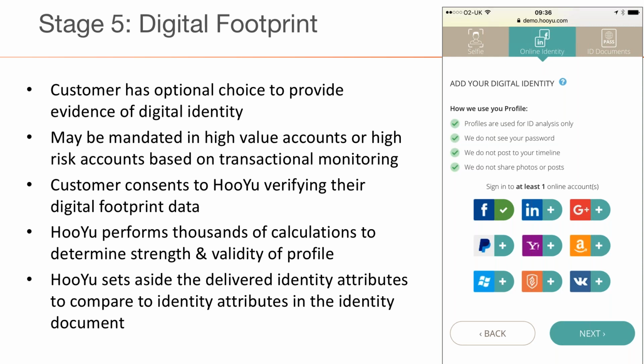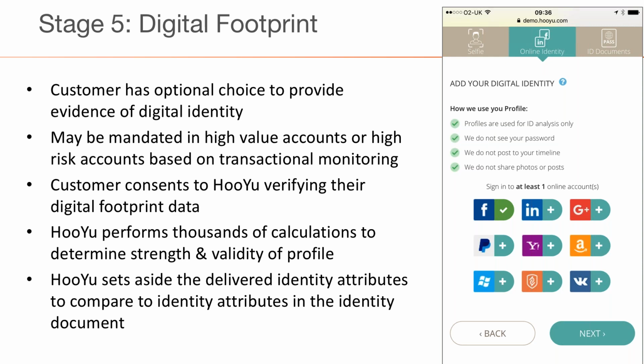The likes of PayPal or Google Plus or Amazon or whoever will pass back the profile data of that customer to HooYu when the customer gives their permission, and that data is used to prove that customer identity. So the kind of data we get passed back is first name, last name, telephone number, date of birth, email address, gender, nationality, and of course all this is rich information for KYC processes.